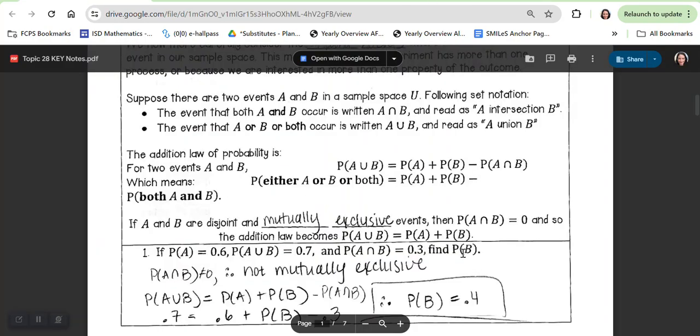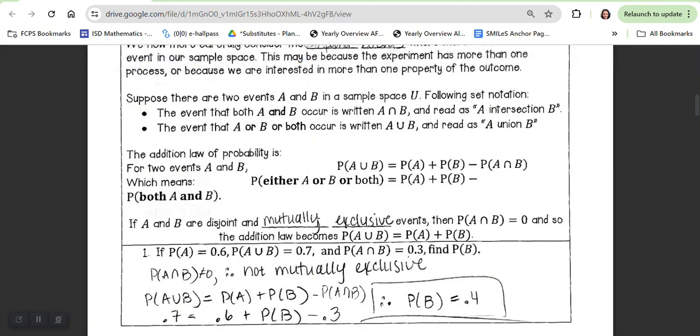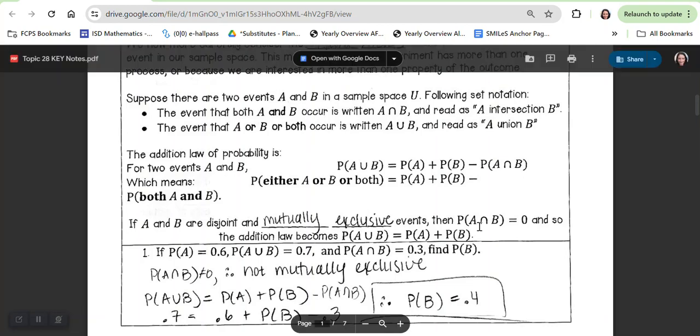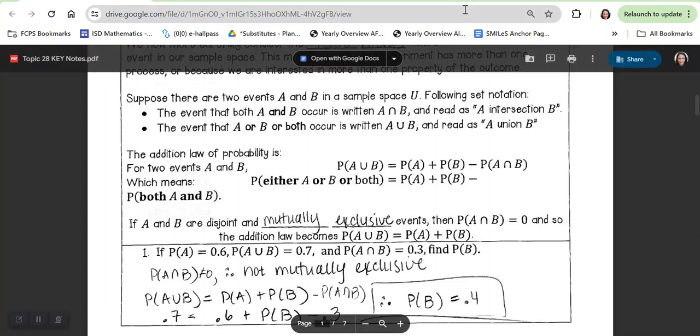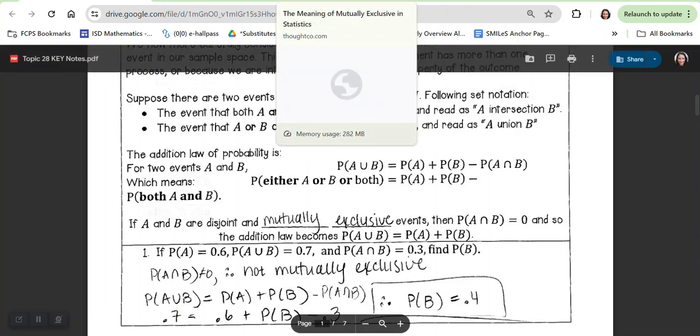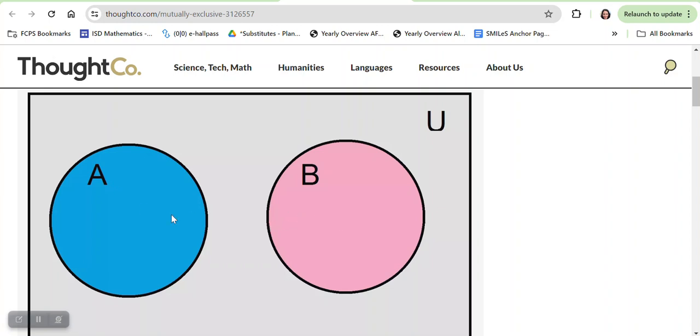All right, but sometimes we're going to have mutually exclusive events, when the probability that they both happen is 0. So it could look like this, like say the probability that your coin lands on heads and the probability that your coin lands on tails, right?